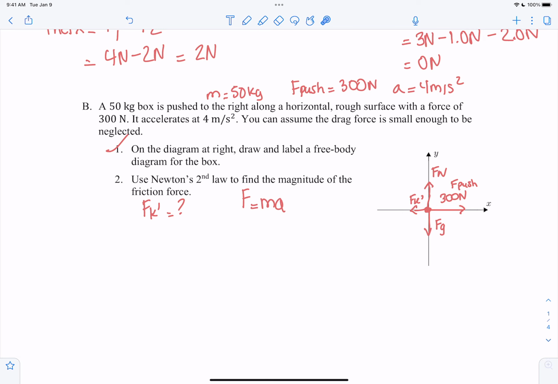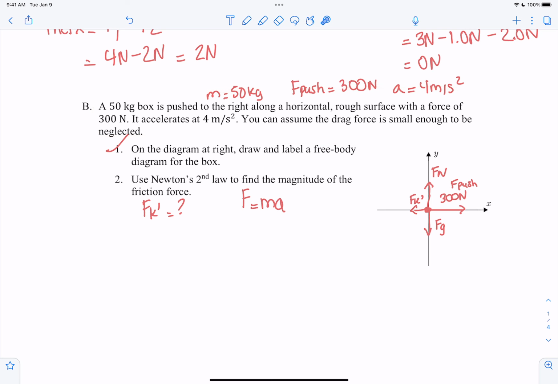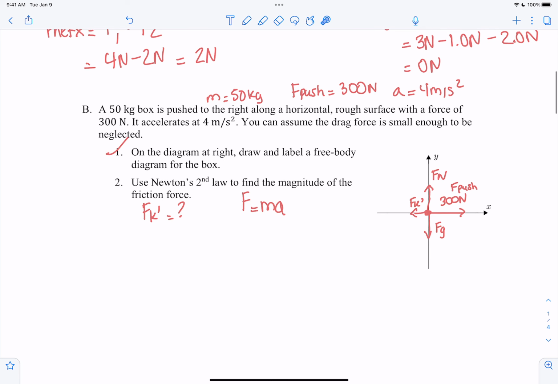Referring back to this problem, the reason we can think of the y direction as negligible is that the box is being pushed solely to the right. We have no indication that this box is moving in the y direction at all. The box isn't levitating and it's not sinking through the floor.